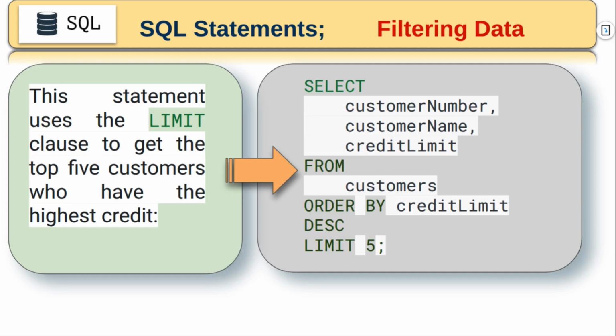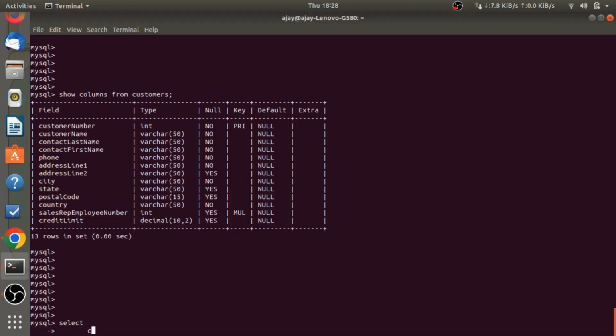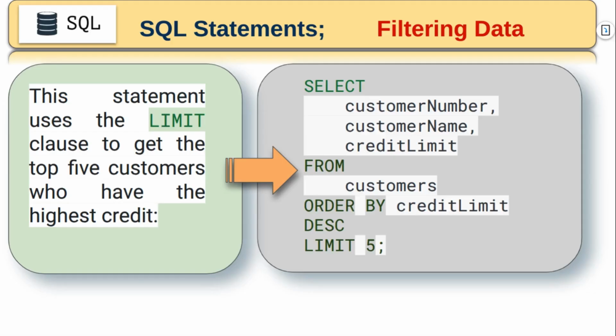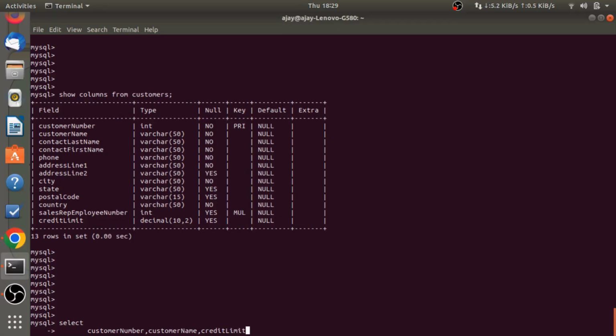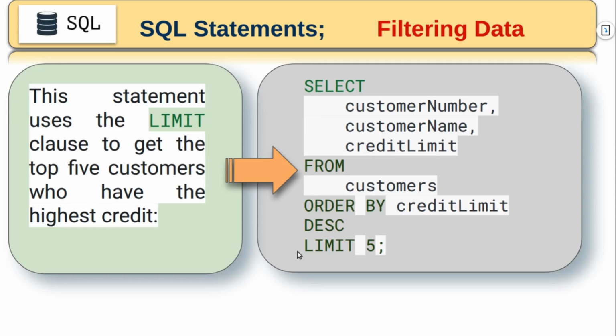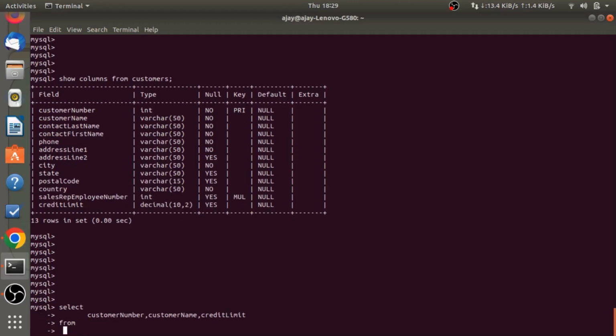Here we are displaying customer number, comma, customer name, comma, credit limit, because that is the column we actually want to display. Credit limit from which table? From the customers table.